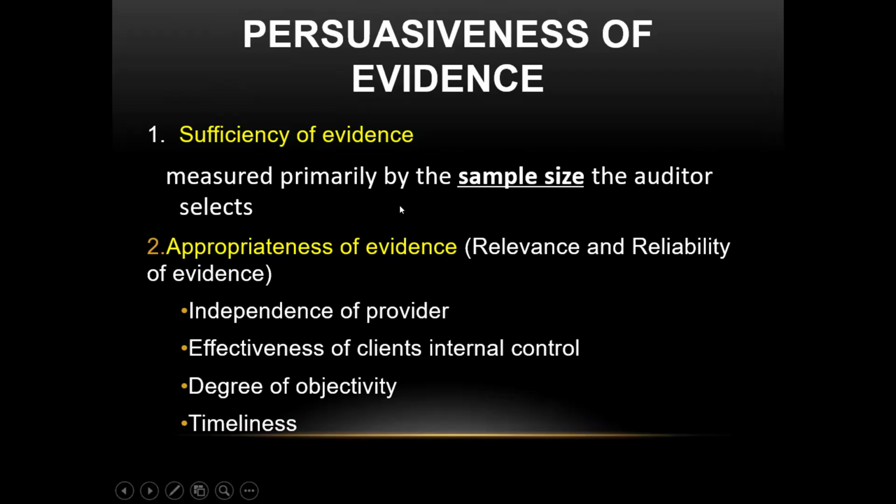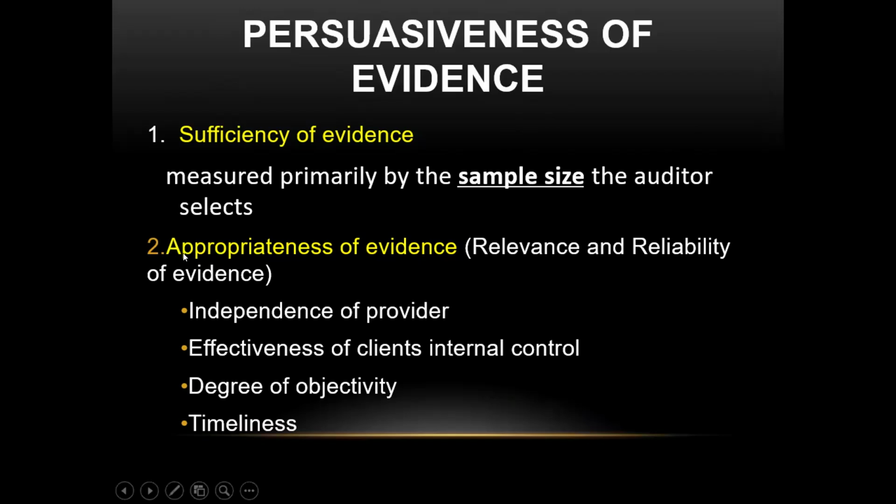The sample size must be in the correct amount. So if there are 500, probably the auditor can check like 50 or 100 transactions, not too little, but also not too much. The auditor doesn't have to check 490 like that. So the auditor should choose the correct amount of sample size.